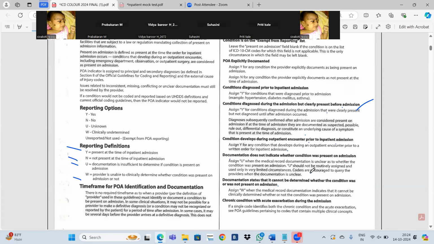If the documentation does not indicate, like the document does not support it, coders are encouraged to raise a query. It must be raised for the POA status, which means you need to raise the query. So when we add the U indicator, we need to raise the query, not complete the document.